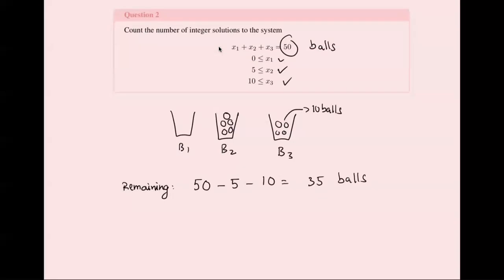Then the number of ways that you can distribute 35 balls into 3 bins is the same as the number of ways you can arrange this sequence where you have 35 balls and 2 dividers to represent 3 bins, 2 vertical lines.